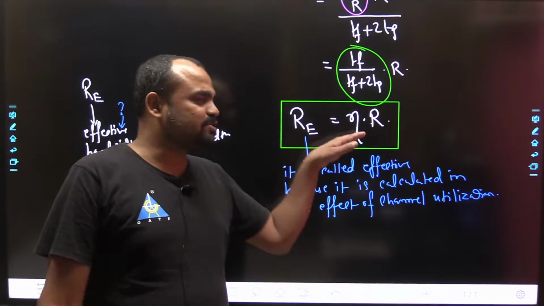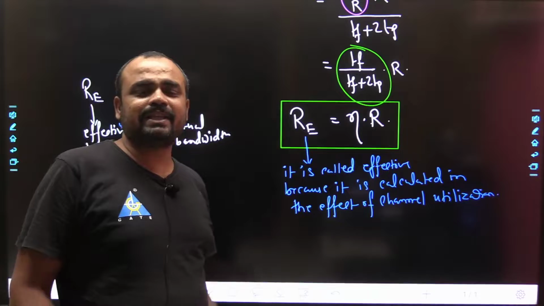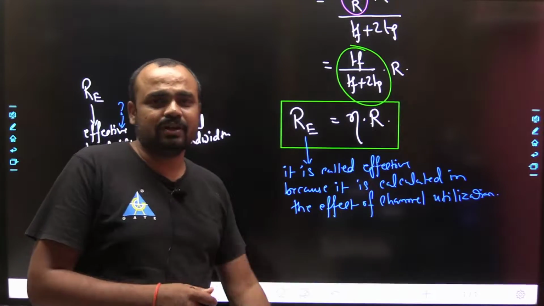So if the channel utilization is 100%, then only the effective bandwidth will be equivalent to the actual bandwidth.